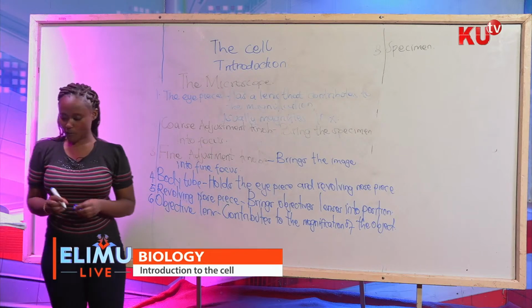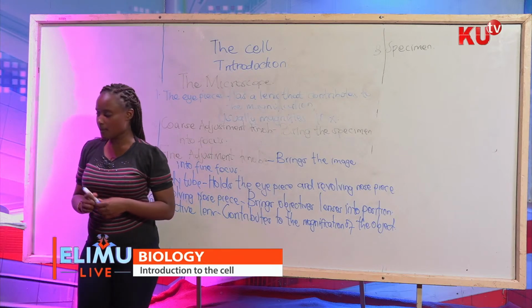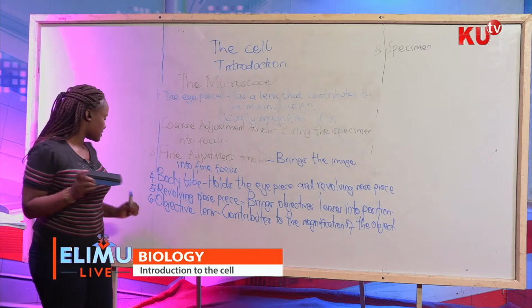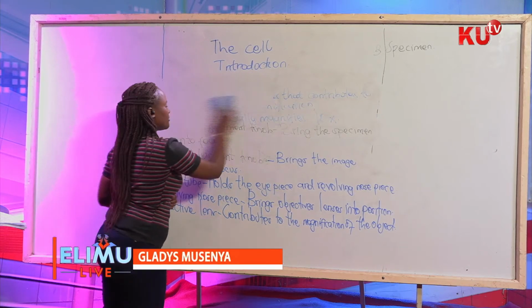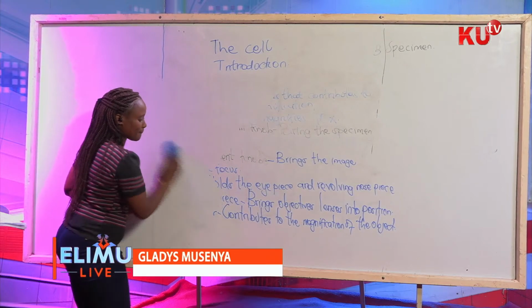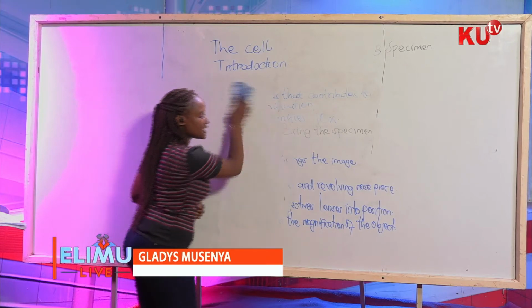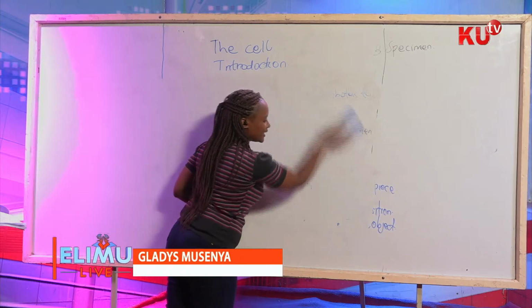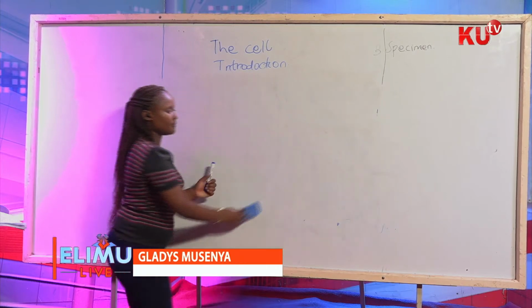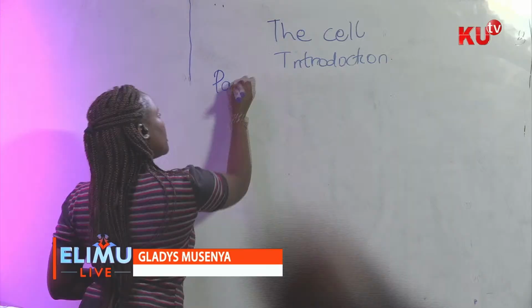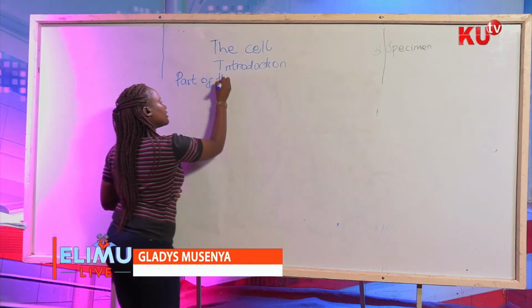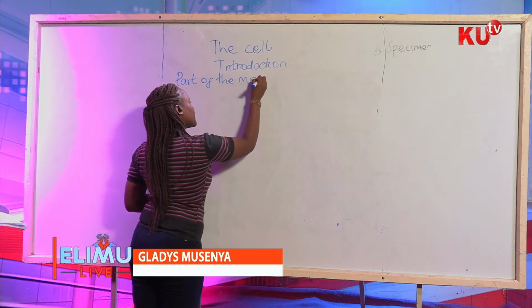Now we go to our next one, which is the arm. Our next part of the microscope, the seventh part, the arm or the limb.